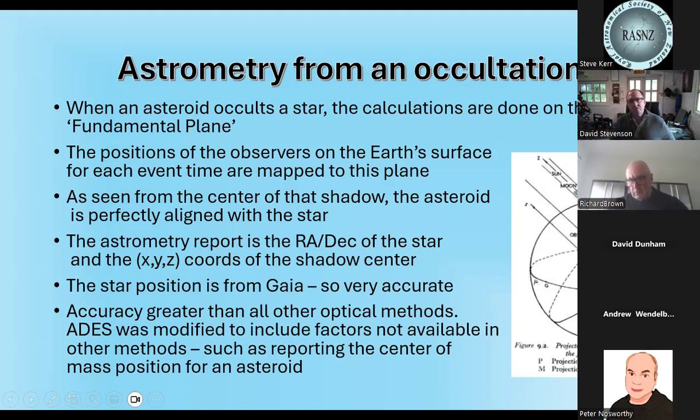In the measurement stage, we measure the location of the shadow, making the observations on the surface of the Earth, but that's all projected onto this fundamental plane. This makes a fundamental difference in how we report the observation. If you're an observer on the Earth's surface, you report right ascension and declination.